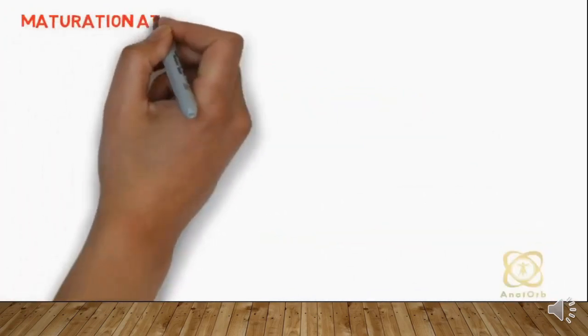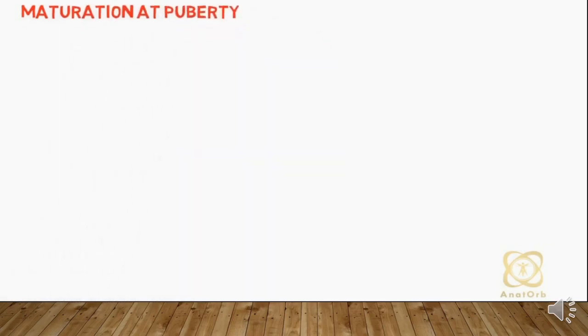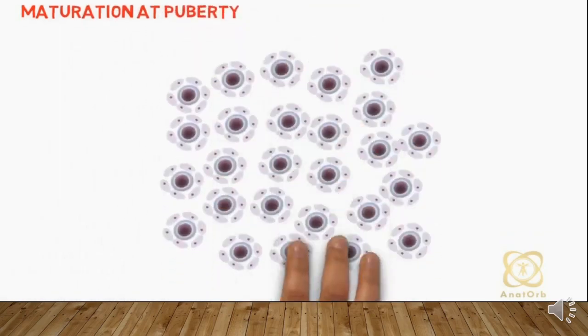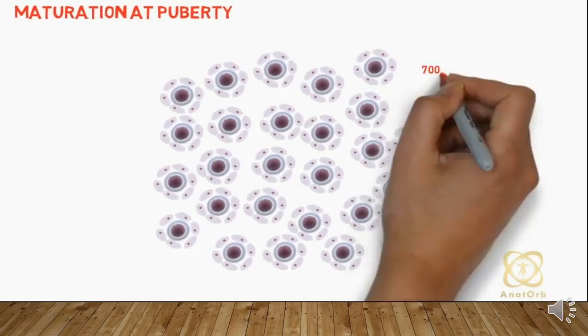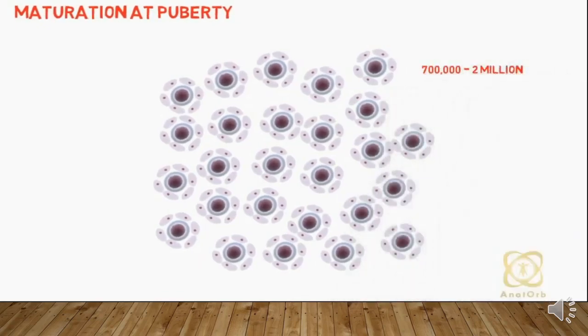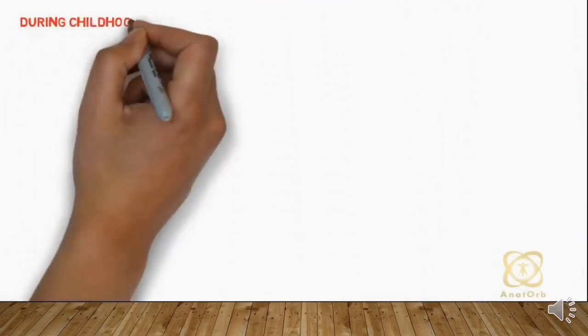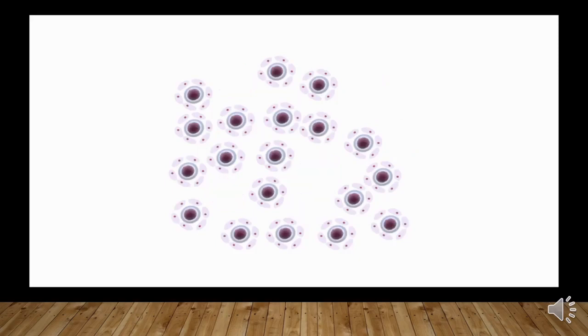Now let's talk about maturation at puberty. The total number of primary oocytes at birth is estimated to vary from 700,000 to 2 million. During childhood, most oocytes become atretic.